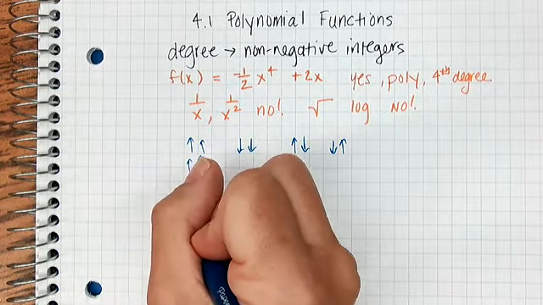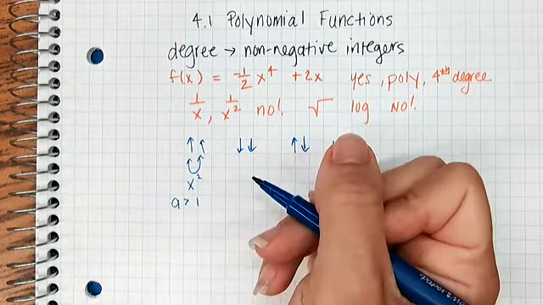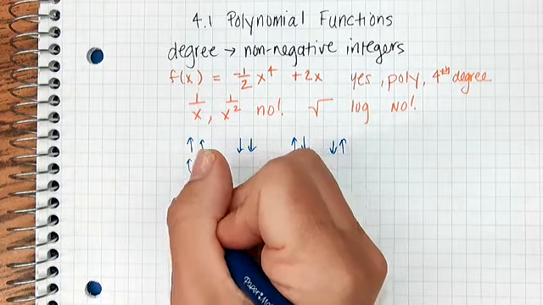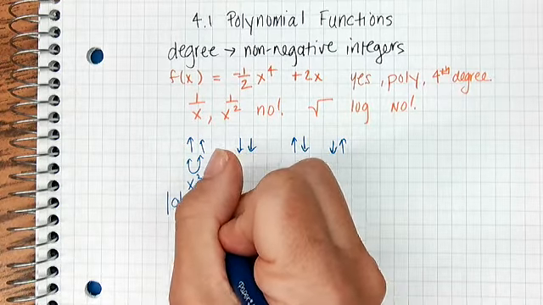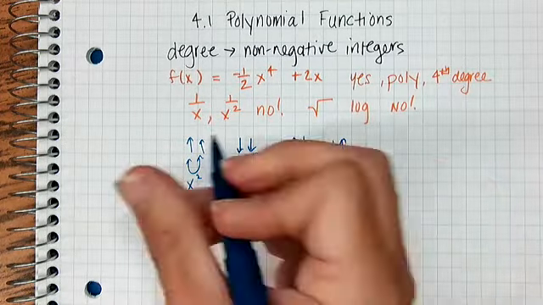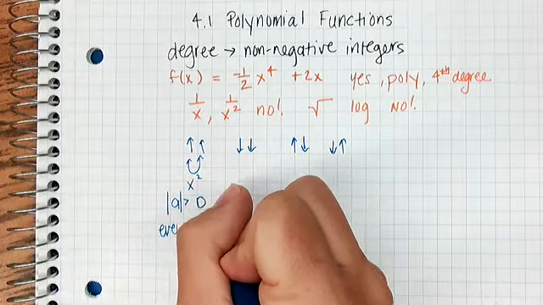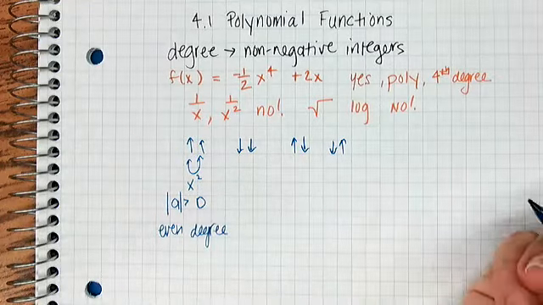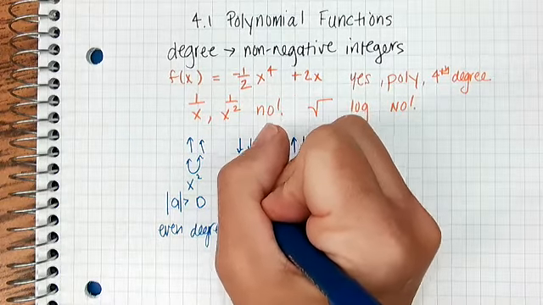This is the absolute value of a greater than 0, and it is an even degree.